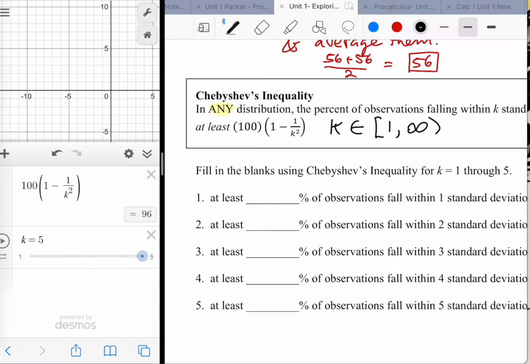That sounds great in theory, except what you send me when you create a share link is the file that you clicked on, or the link that you clicked on initially. It would not send any of your changes. So what you need to do is create an account and save your Desmos work, then create your share link. These are the little growing pains when it comes to Desmos.